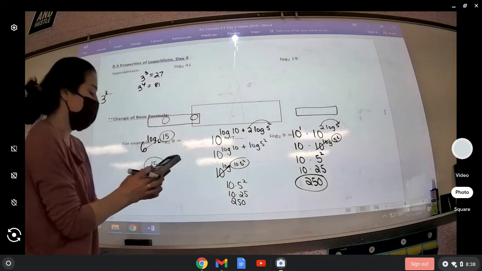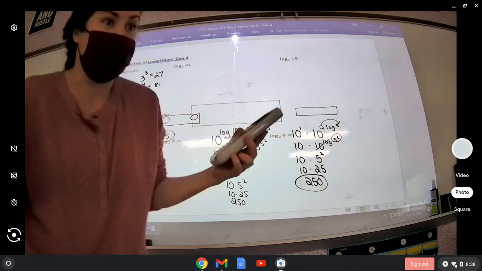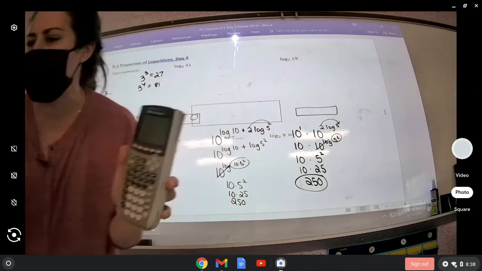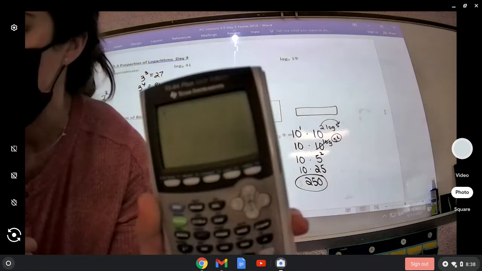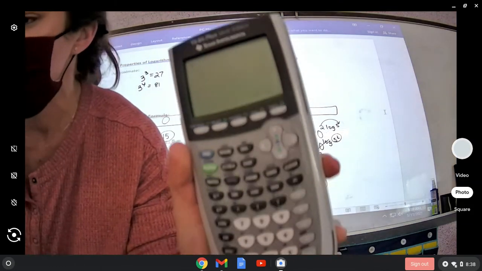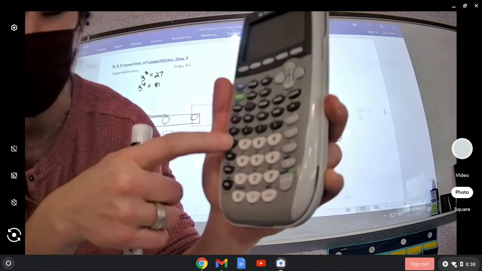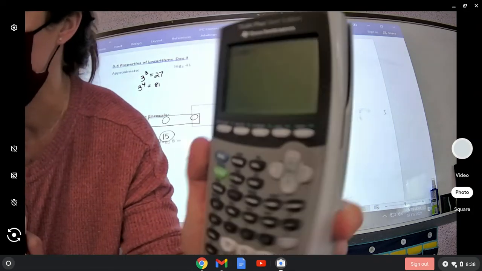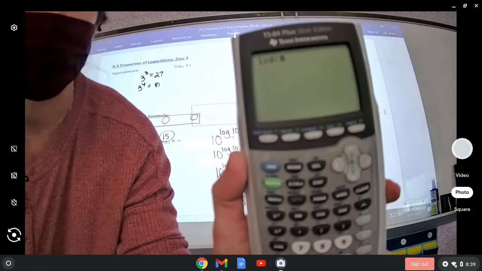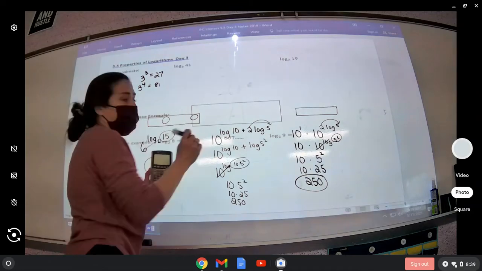So guys, your graphing calculator will answer this. There's two ways that I know how to do it. Maybe there's more. So I don't know if I can do this on camera, but on your screen, guys, I have a log button over here. If I just hit the log button, that means it's a base 10 log. Clearly this is log base 3.